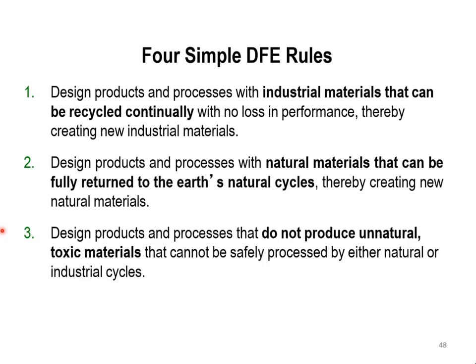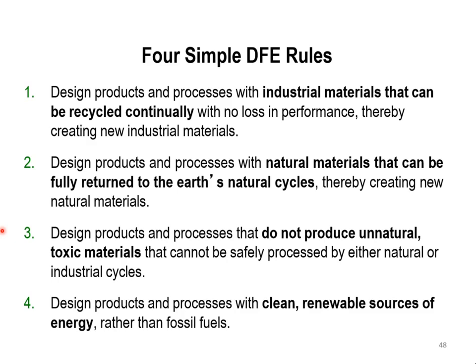Third, design products and processes that do not produce unnatural toxic materials that cannot be safely processed by either natural or industrial cycles. Finally, design products and processes with clean, renewable sources of energy rather than fossil fuel.